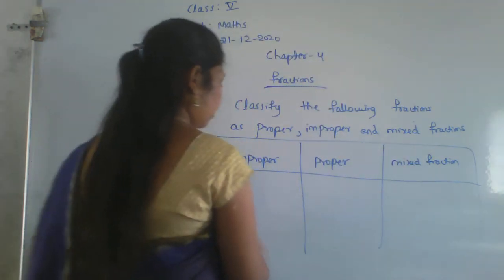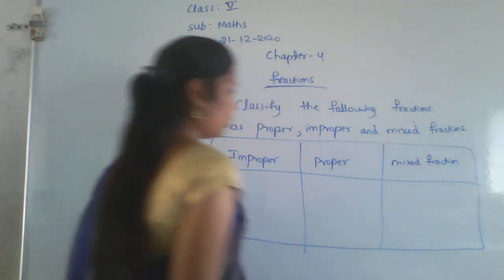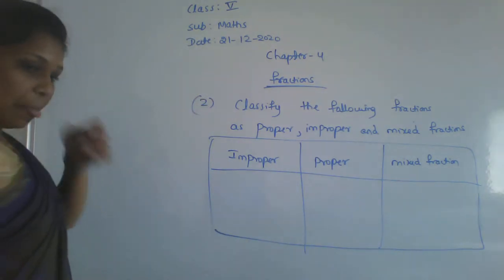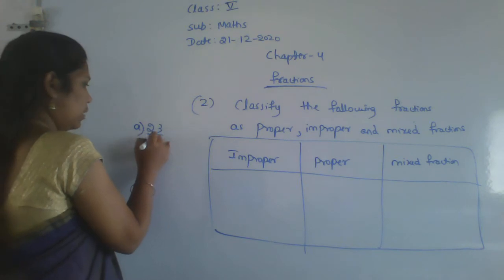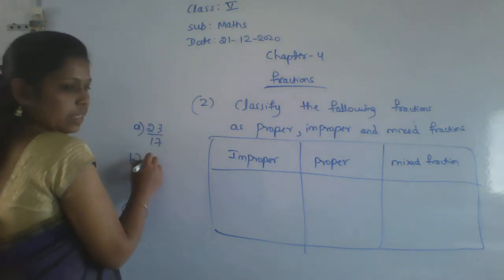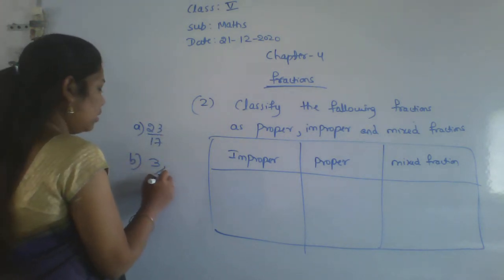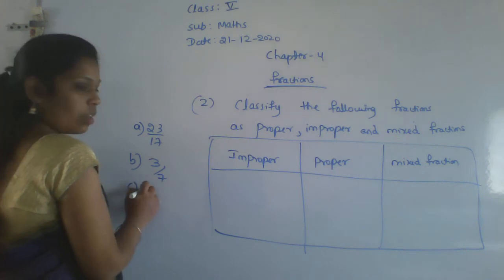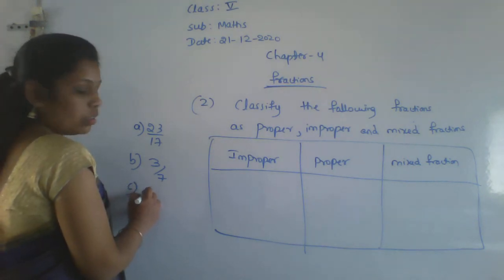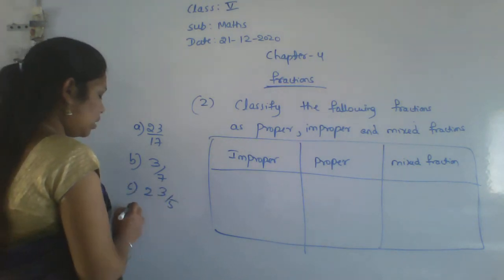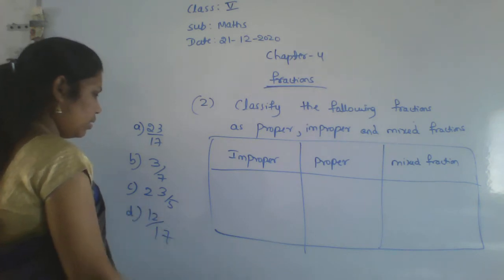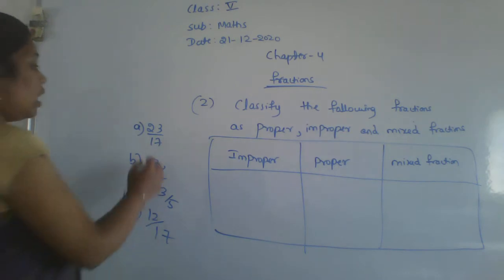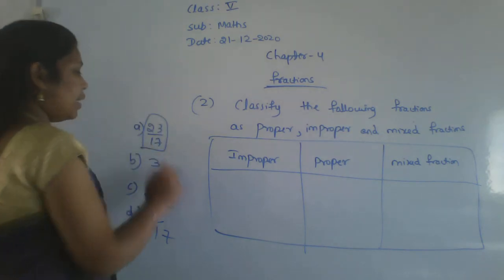See here. The first one is 23 by 17, and B is 3 by 7, then 2 integer 3 by 4, and 12 by 17. Observe the numerator and denominator here.